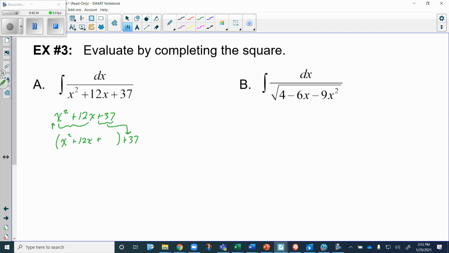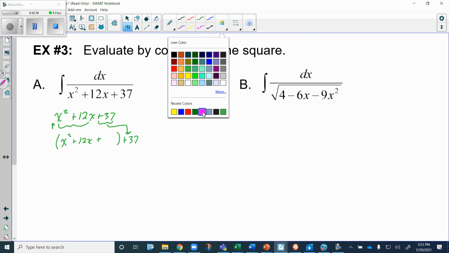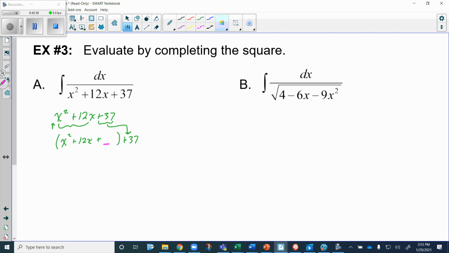Whatever this new number is, I'm also going to subtract it out here. And let me be real clear about this. In this case, we factored out a 1. Let me go ahead and just write that 1 here.